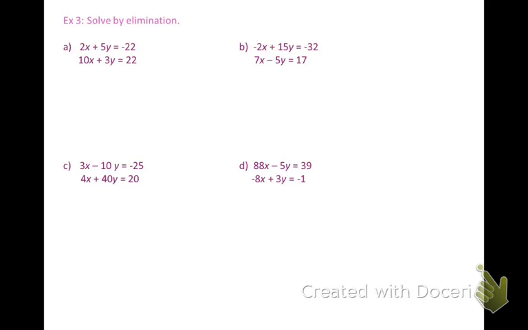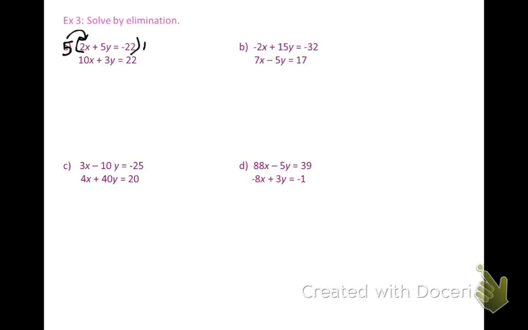So if I multiplied the 2x by a number to get 10x, what number would that be? That would be 5. Can I do that with 3 if I multiplied by 5 to get 3? No. So it's going to have to be the 2. 2 times what gets me 10? 5.